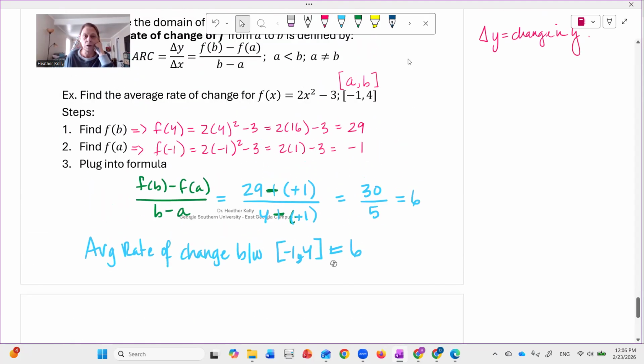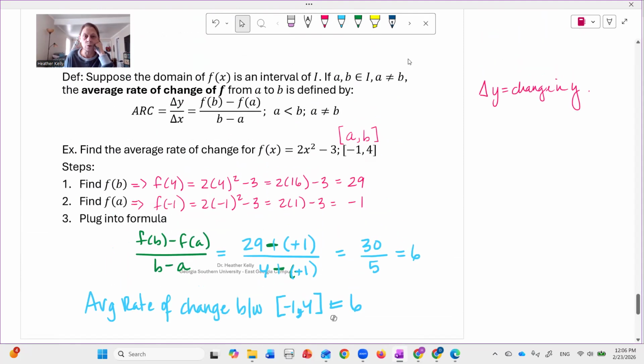Okay, it's really just a plug it in, chug it out kind of situation. And this isn't really a point. Let me point this out. These are the endpoints of the interval.